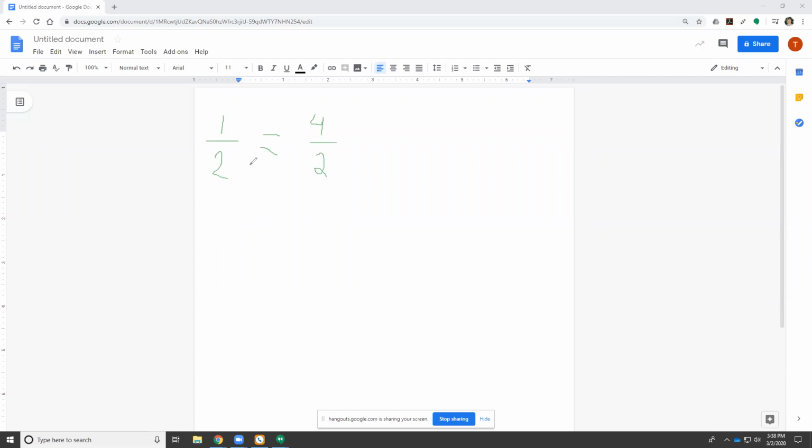No. So how we solve this is we take a look. How many times can 2, and how many times is that? 2. So 1/2 does not equal 2. So they are not equal fractions.